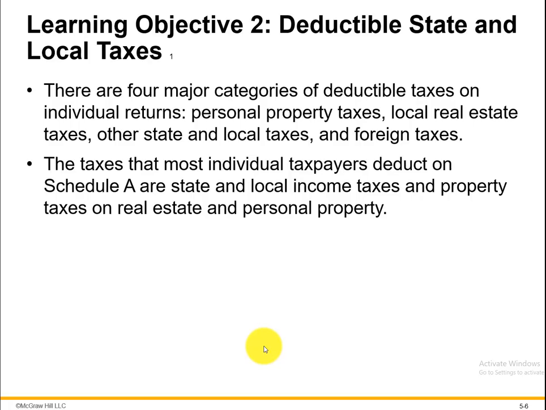But it's only $20 anyway, so nobody's going to worry too much about it. State and local income taxes, okay, and foreign taxes. Okay, now state and local taxes is income tax and sales tax, and foreign taxes is the least common.